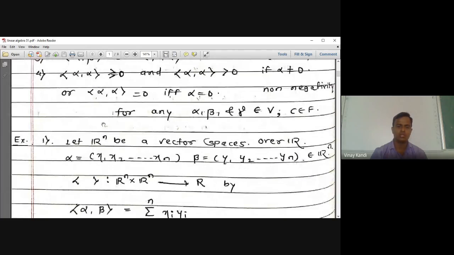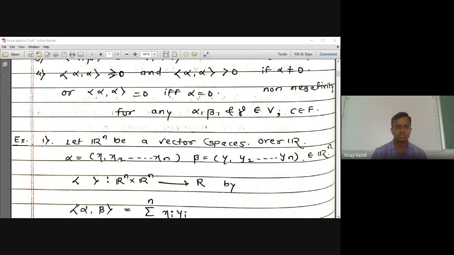Let R raised to n be a vector space. What does R raised to n mean? If alpha belongs to R raised to n, there are n coordinates.